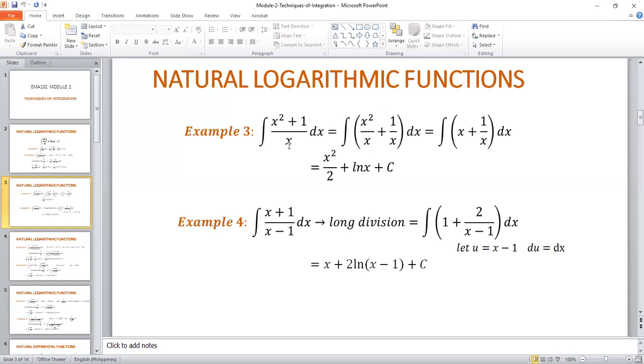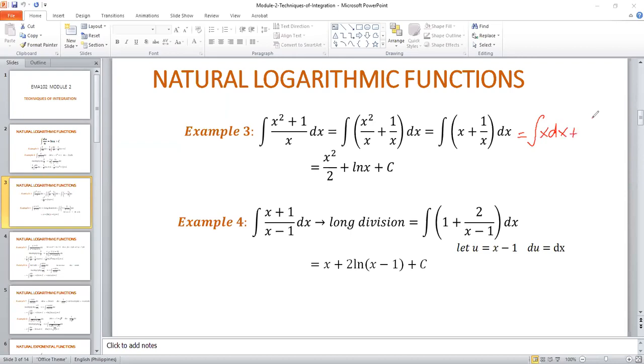Distribute the x as a divisor, so you will have x remaining in the first term and you have 1 over x in the second. The first term can be evaluated using power rule. This particular expression is the application of the fundamentals we've learned.